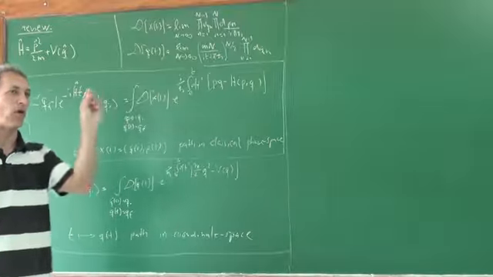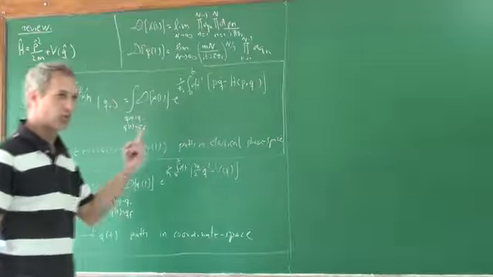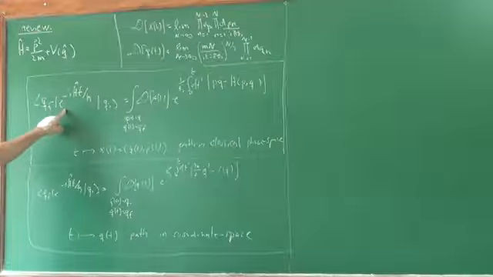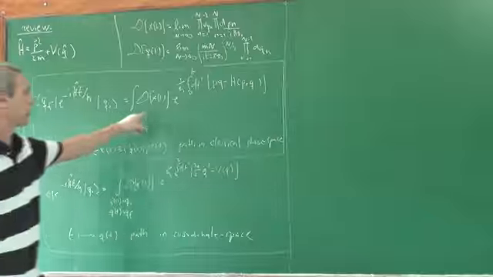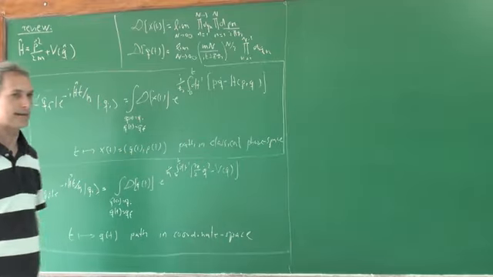Then we have to sum up all the time steps, and by this we arrive at an object which is one dimension higher. So quantum mechanics becomes, from the dynamics of a point particle, integrals over paths in classical phase space.